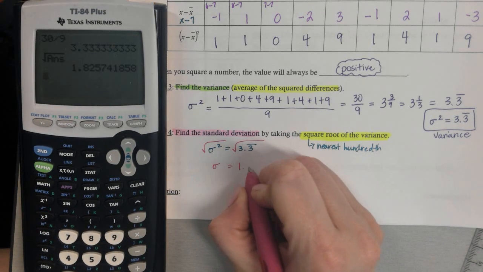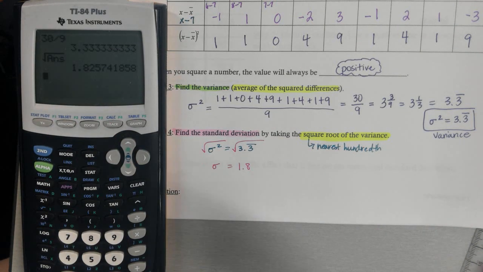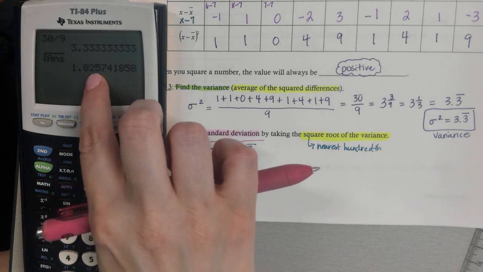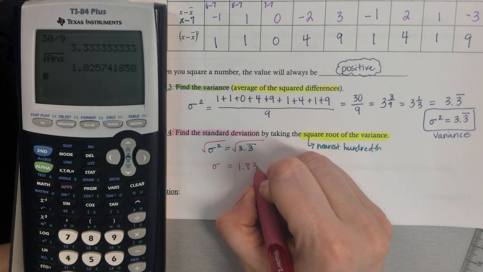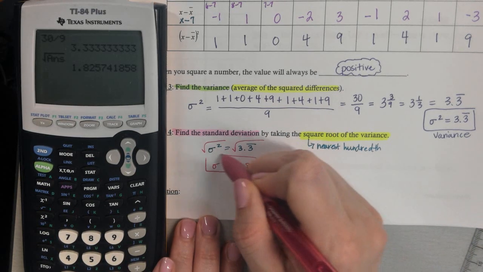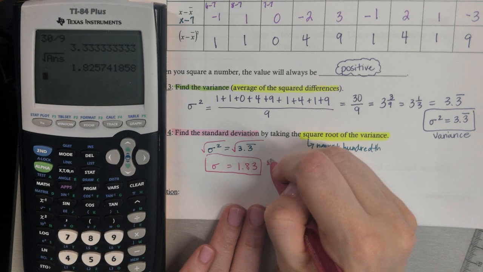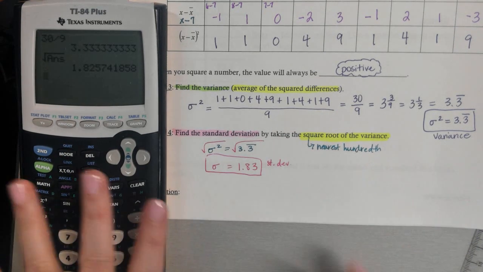So this is going to be 1.8, and then do I round up or keep it the same? Yep, we're going to round this one up. So 0.8 will be 0.83. And this is your standard deviation, and you can abbreviate standard deviation like that.